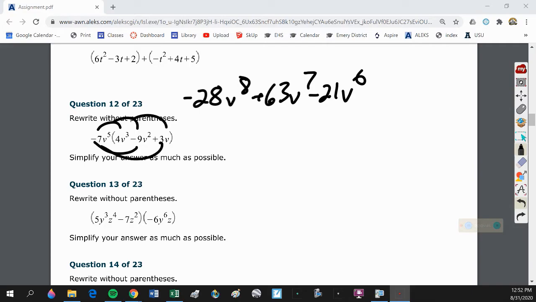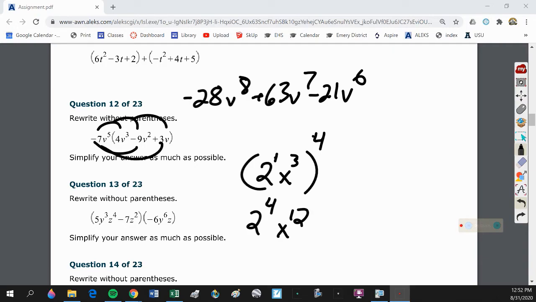You guys remember that? Now, if you happen to have something like 2x to the 3rd to the 4th, then this becomes 2 to the 1 times 4, which is 4, and x to the 3 times 4, which is 12. Which makes sense because this is saying you have 4 copies of x to the 3rd.